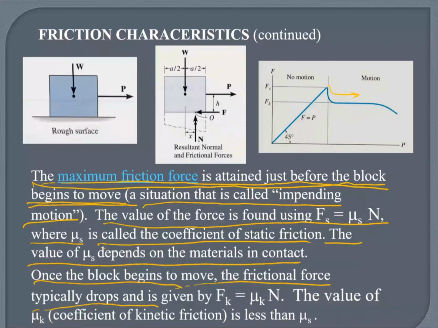You can see that was the highest friction, and it dropped to this level now. Once the object begins to move, the friction force is given by kinetic friction, that is Fk equals mu k N, and the value of mu k, the coefficient of kinetic friction, is less than the coefficient of static friction.